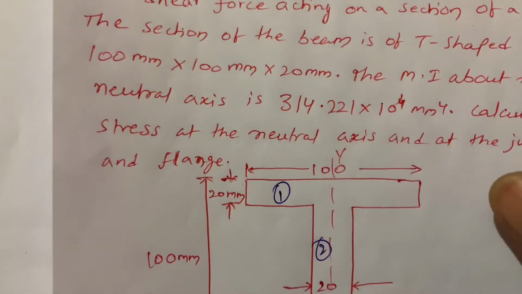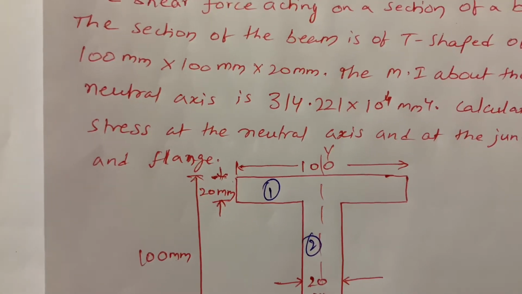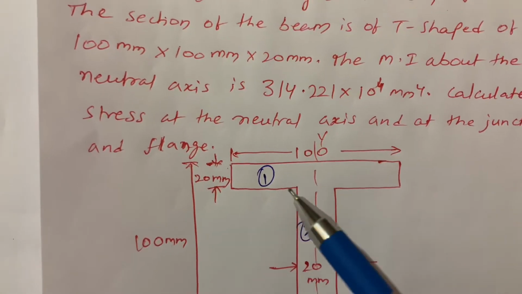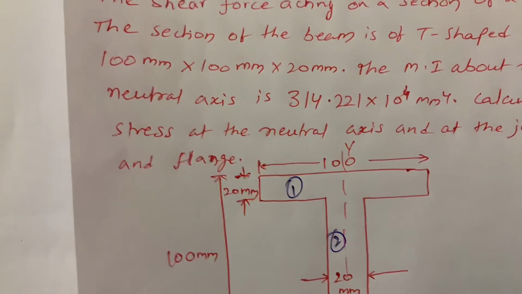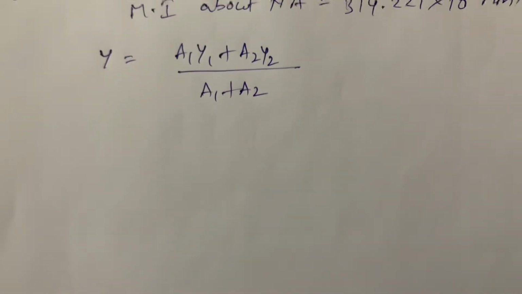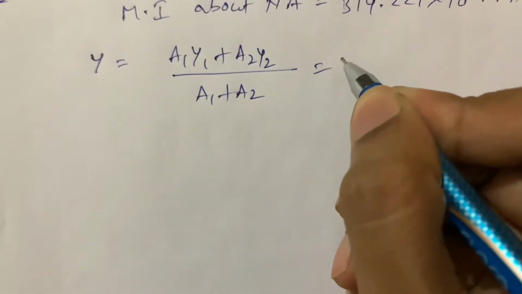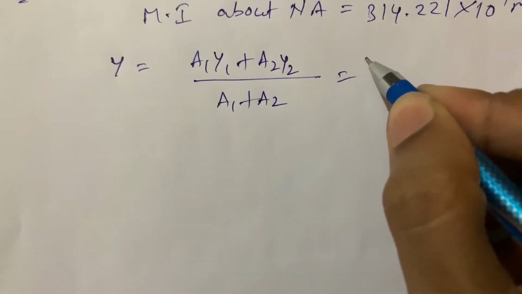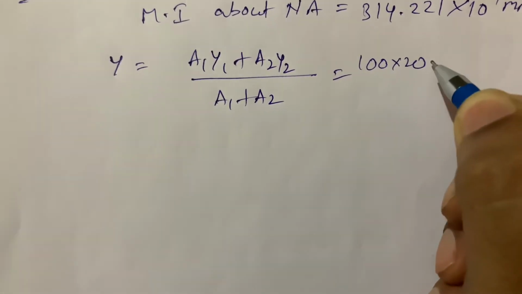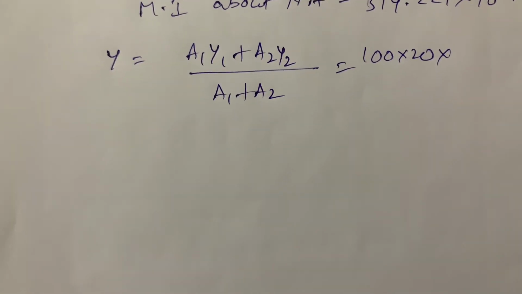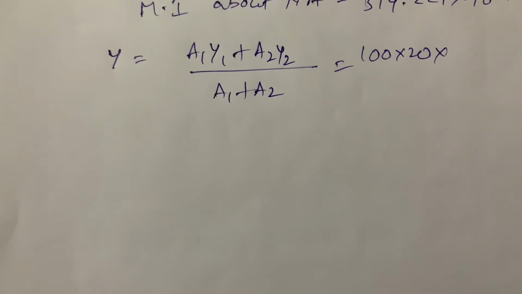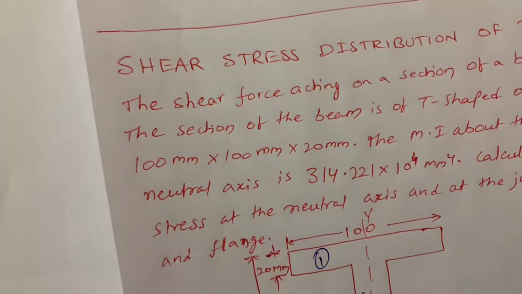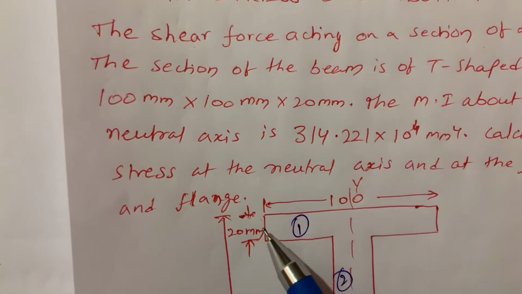A1 is length into breadth, as a rectangle, 100 into 20. Y1 is the centroid of the flange, which is half of the flange thickness, that is 20 by 2.